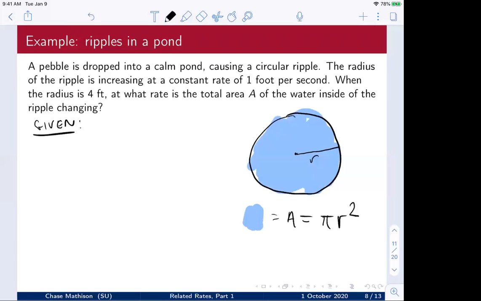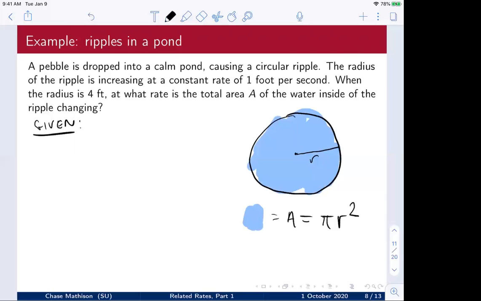Would we be able to assume that since the ripple is circular, the equation would be x squared plus y squared equals r squared? We could use that equation, and that's a very good point. There will be times where there are competing equations that you might want to use. For this one, x squared plus y squared equals r squared is not going to be the most efficient way to do it.